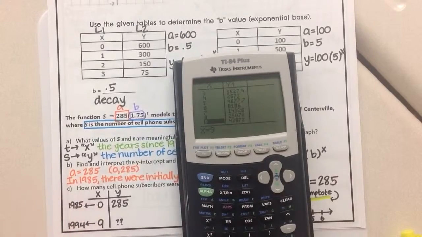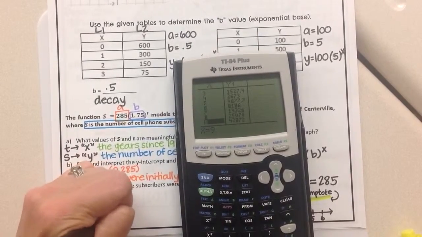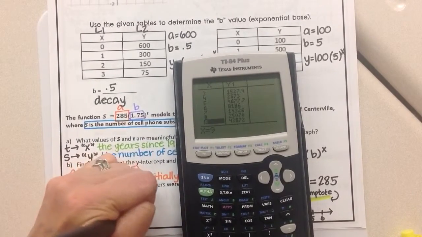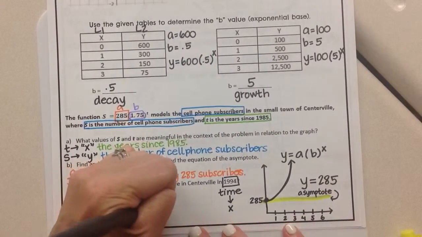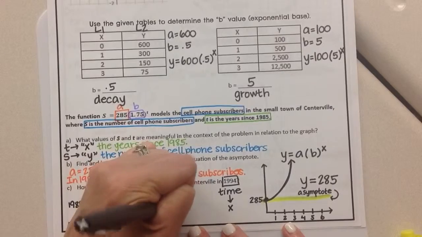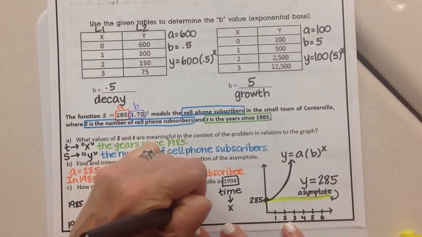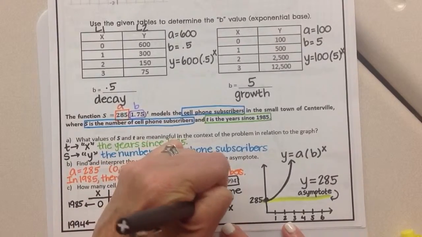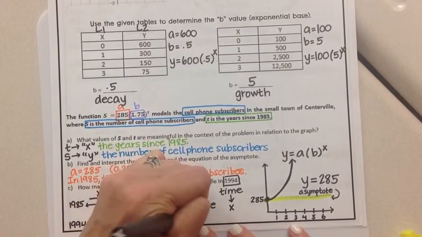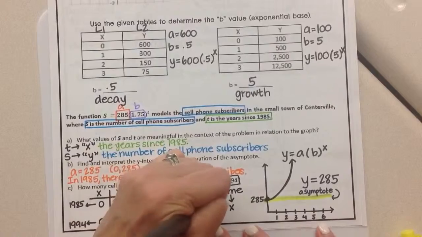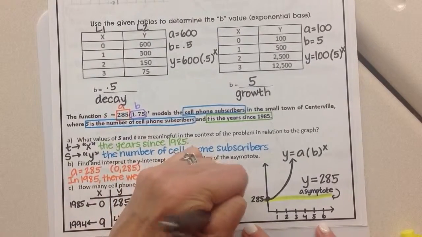We had 43,872. So in 1994, there were 43,872 subscribers.